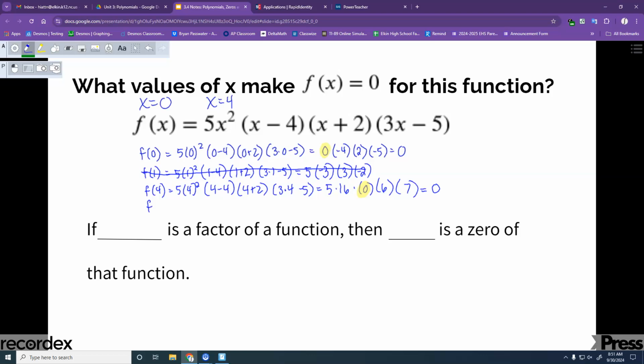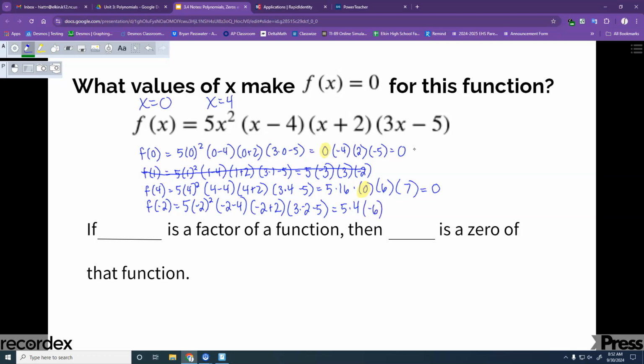The fact that I'm trying it should make you think, oh, it probably works. 5 times negative 2 squared, negative 2 minus 4, negative 2 plus 2, right there's your key, right? And then 3 times negative 2 minus 5. So that would be like 5 times 4 times negative 6.